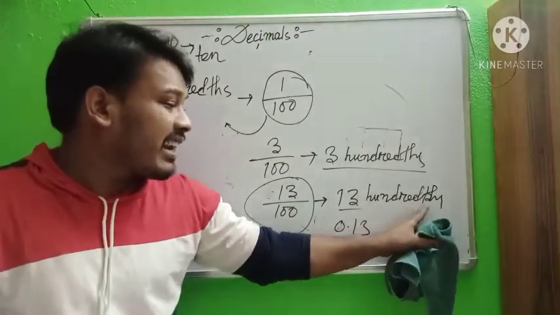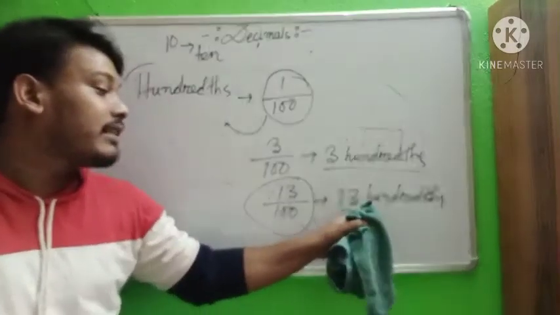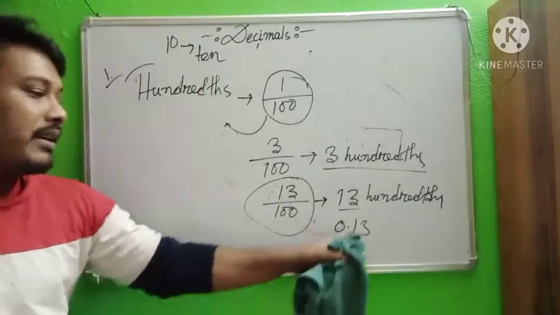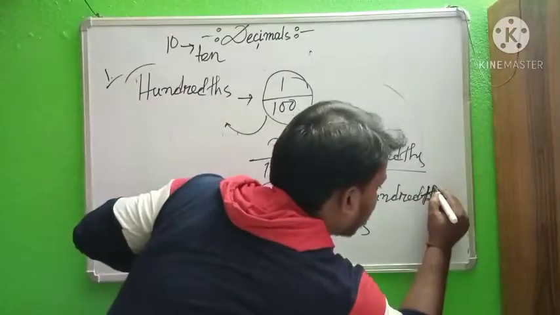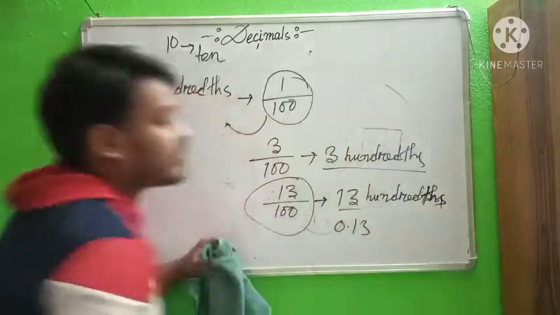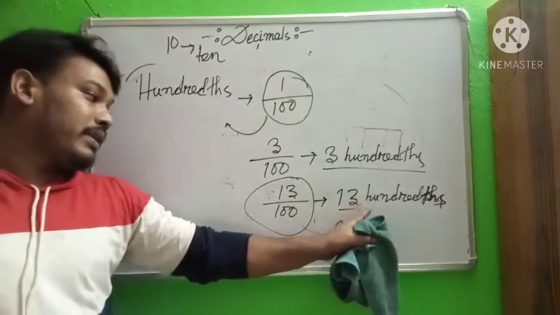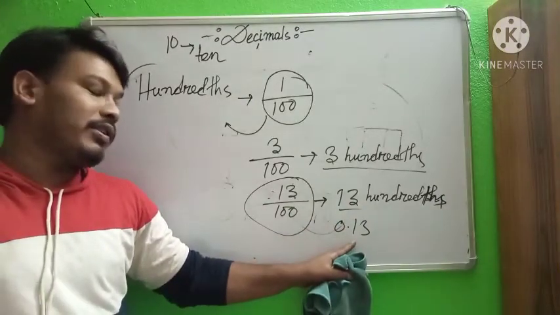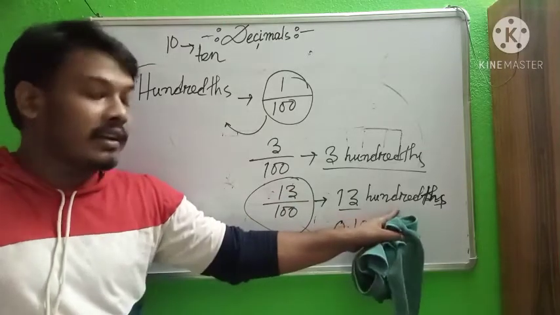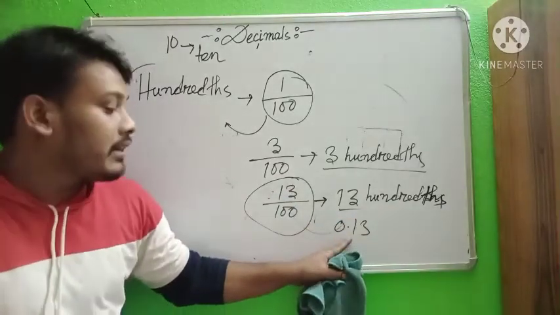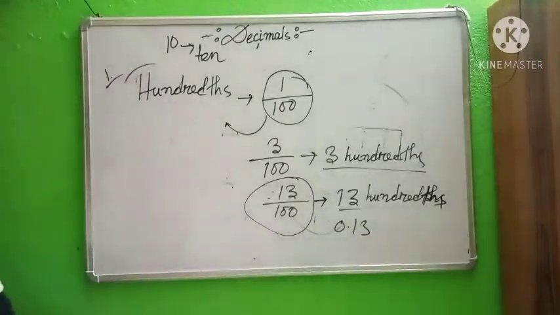Here it is hundredths, not hundreds. If it were hundreds, then 13 and 00, 1300. But here it is written hundredths, so it is 0.13. So thirteen hundredths means 0.13 or 13 by 100. In fraction it is 13 by 100, called thirteen hundredths, and in decimal it is 0.13.